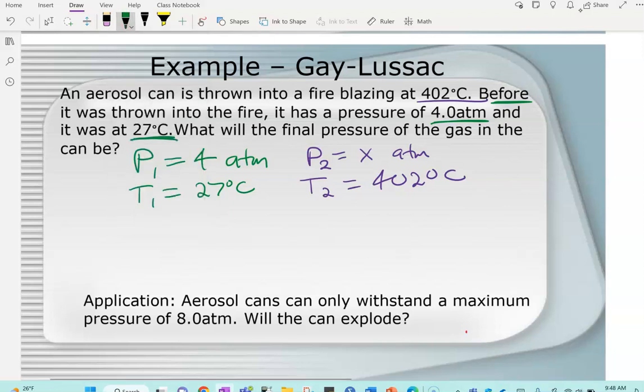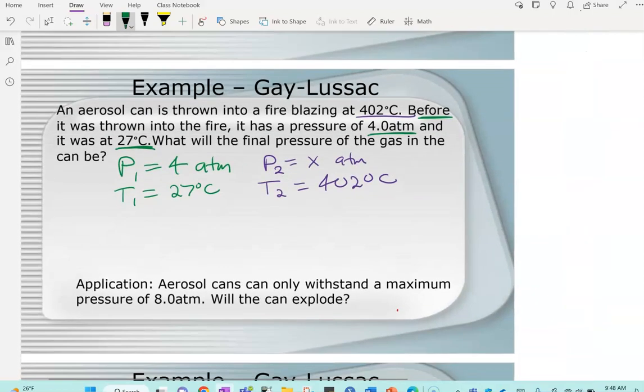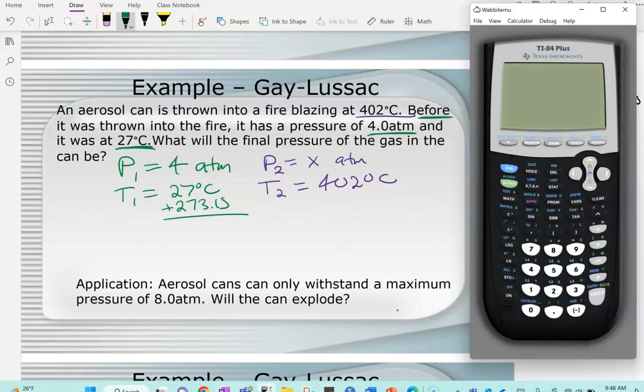Okay, so we're going to plug into our equation. However, before I even do that, you need to convert anything that's in degrees Celsius into Kelvin. If you remember the equation, Kelvin equals degrees Celsius plus 273.15.